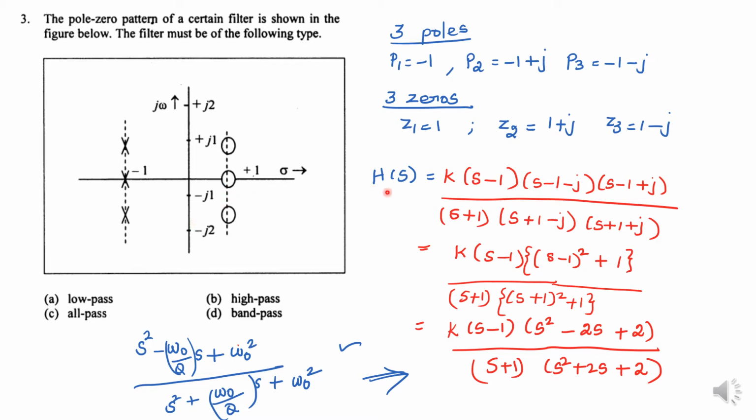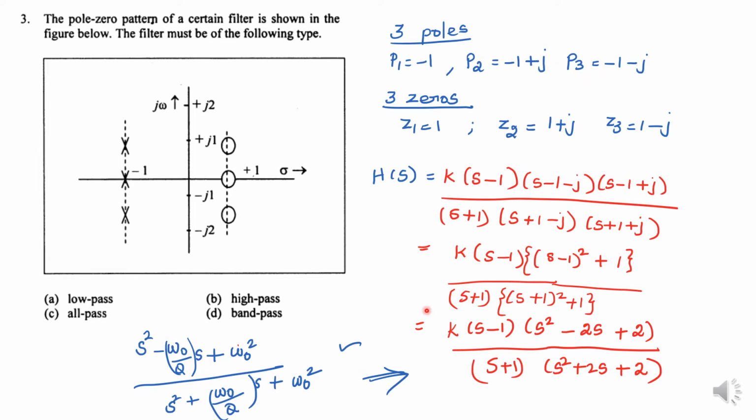Next I am going to write the H of S equation. K into S minus 1, S minus 1 minus j, S minus 1 plus j. In the denominator for the poles, I can write S plus 1, S plus 1 minus j, S plus 1 plus j.